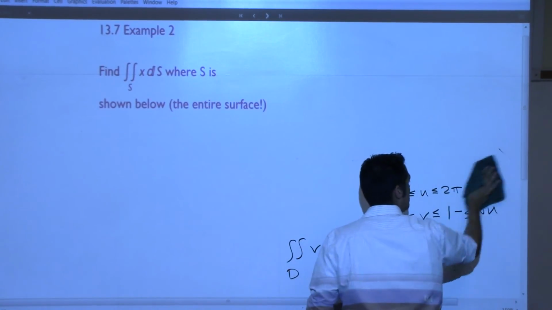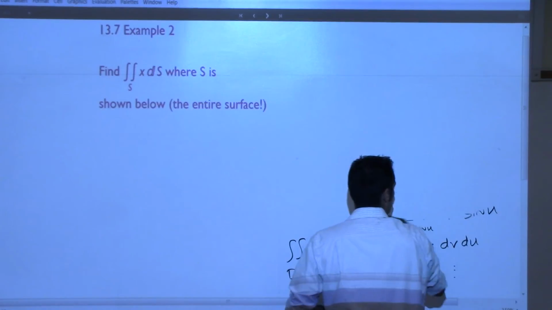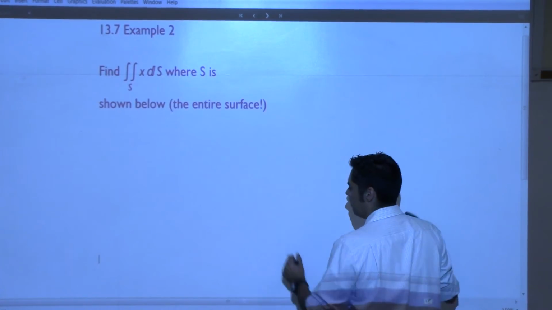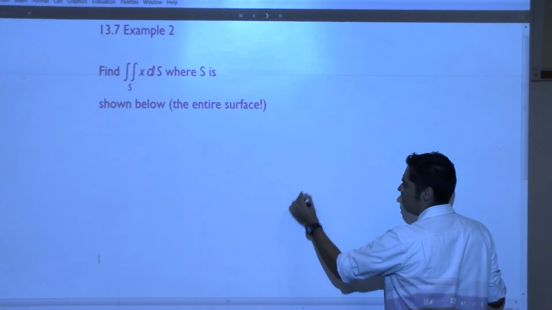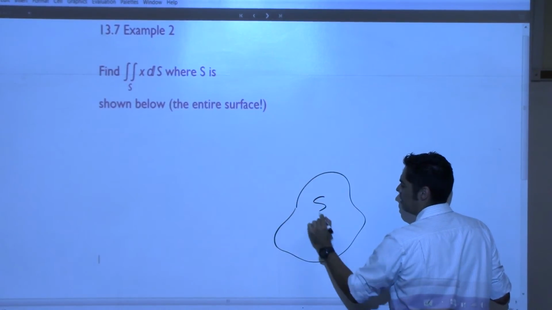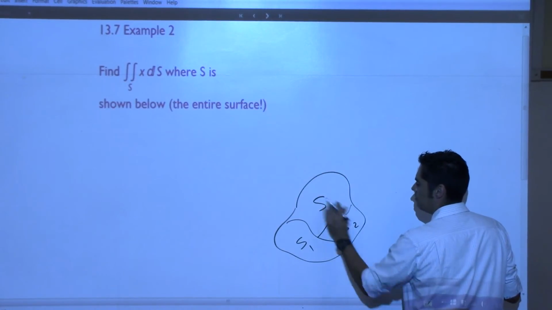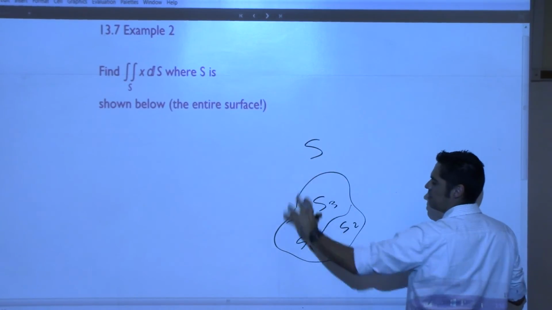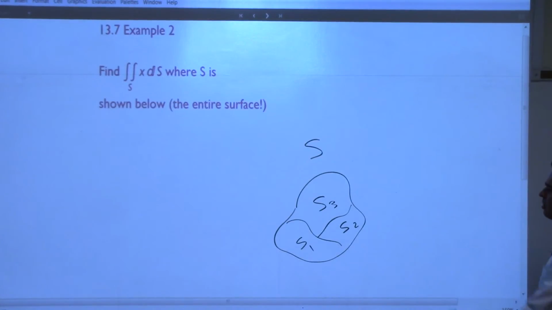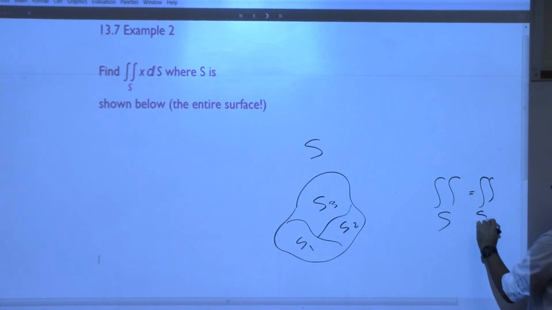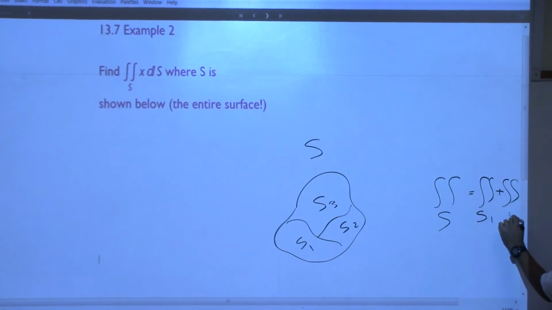And then you would add up all those answers, yes. I didn't discuss it, I didn't put it in the notes, but if you have some surface S that can be broken up into smaller pieces, S1, S2, S3, then the surface integral over S is equal to the surface integral over S1 plus the surface integral over S2 plus over S3, put them all together.